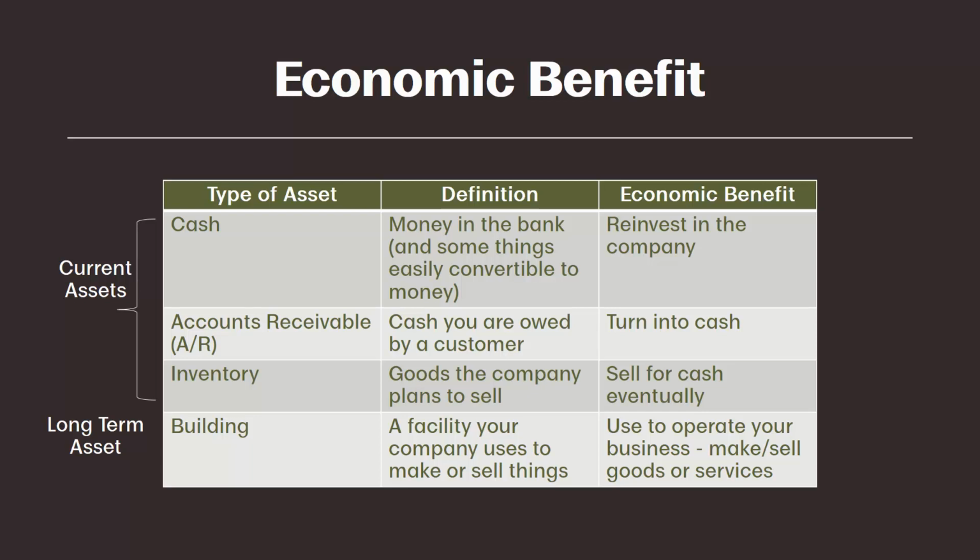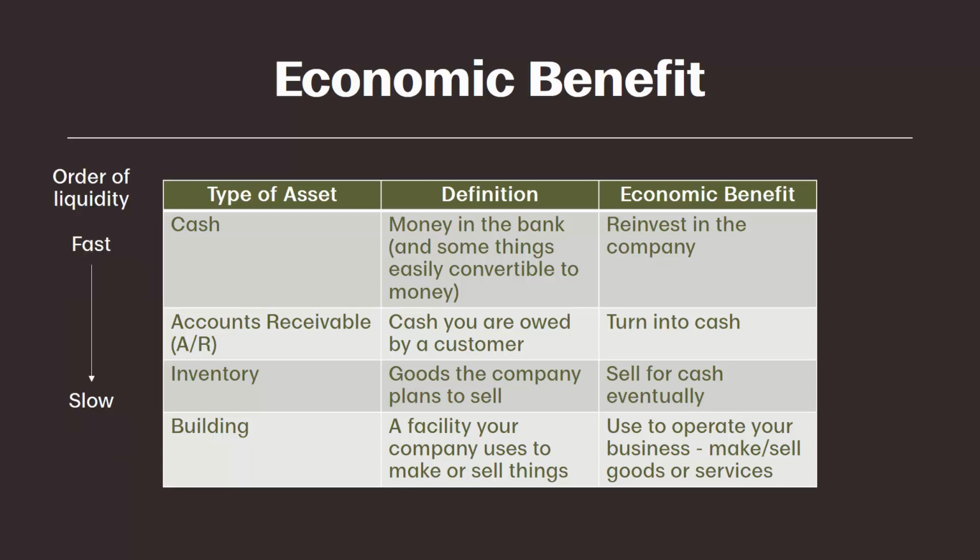Before we go through the rest of these assets in more detail, I want you to note that current assets are listed in the order of liquidity. Liquidity is how quickly an asset can be converted to cash. So here we see cash listed first, since it's already cash, so we can access it really quickly.